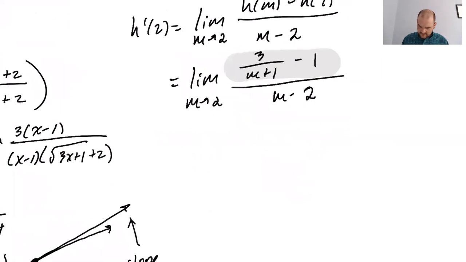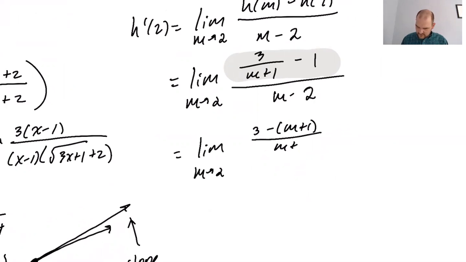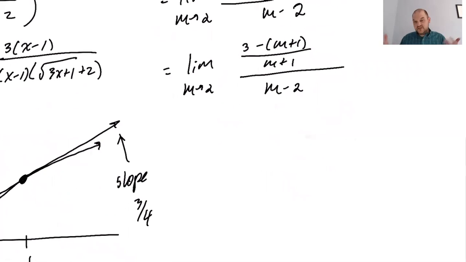So it's going to be common denominator, the limit as m approaches 2 of 3 minus the quantity m plus 1 over m plus 1, all over m minus 2. So that's good. Is it good? I don't know. It's not terrible.